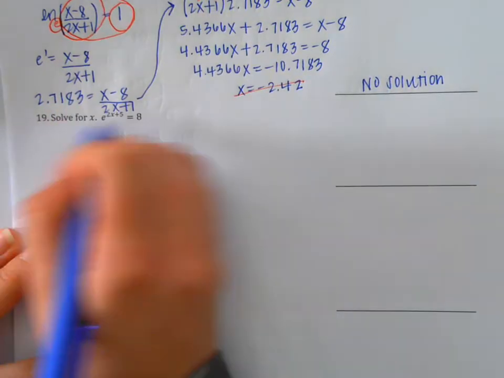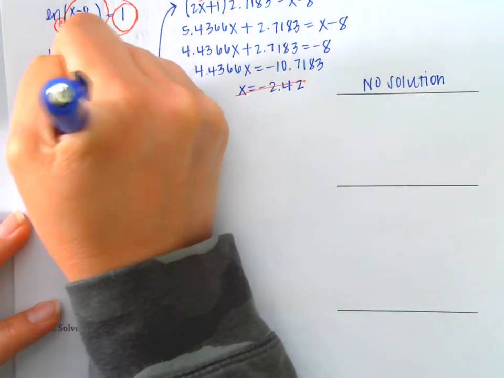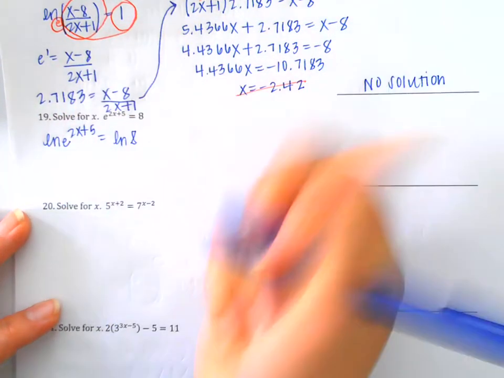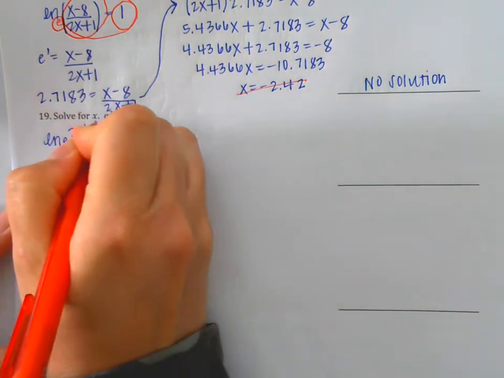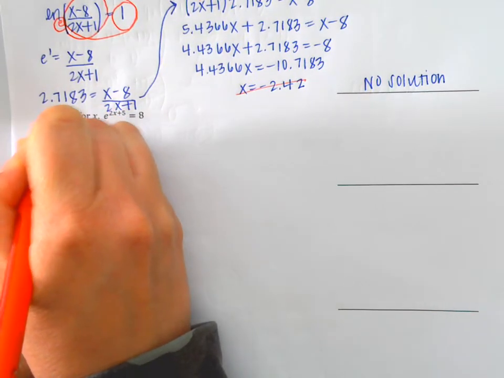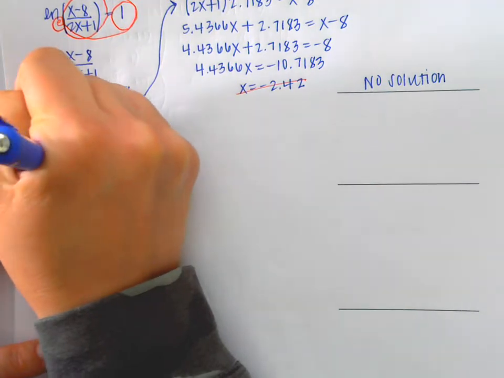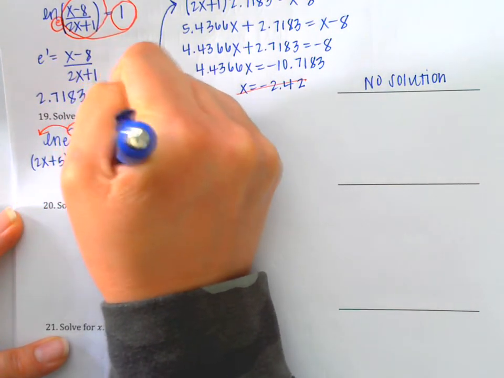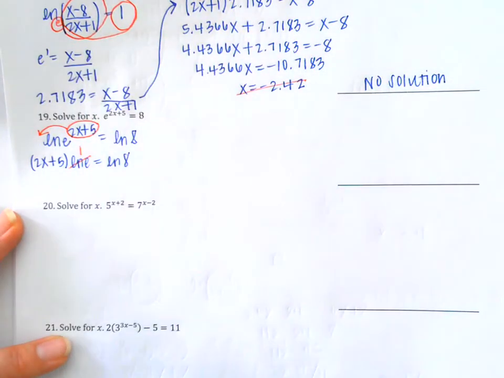So I'm going to take the ln of both sides here. ln of e to the 2x plus 5 equals ln of 8. That 2x plus 5 is a power, so I'm going to move it to the front. And I also know that ln of e is going to simplify to be 1, so I can really just get rid of that.